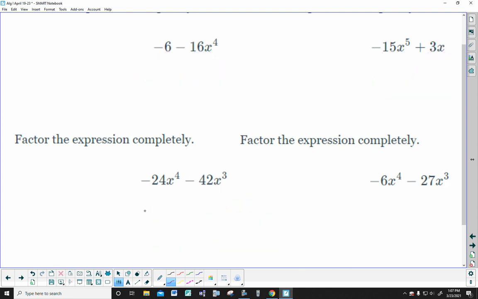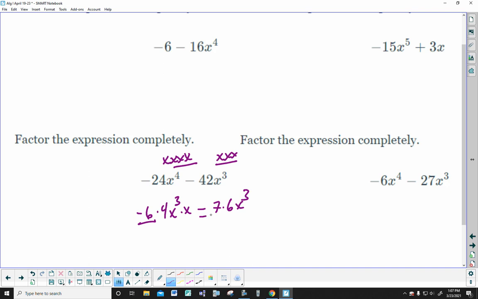So there's a -6 that each one has. So it's -6 times 4, and this is x times x times x times x. That's x times x times x. There are 3 x's each one has. Minus 7 times 6, x cubed.